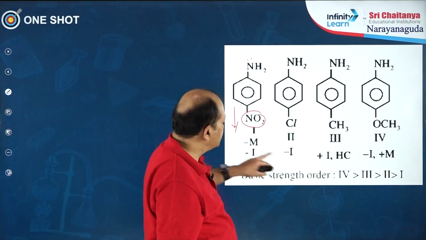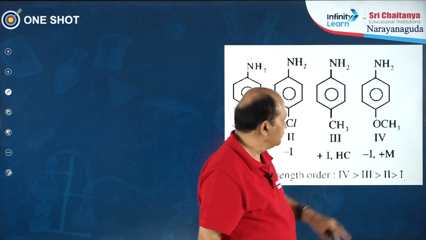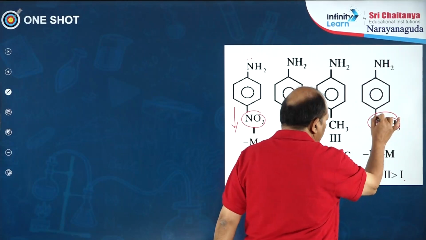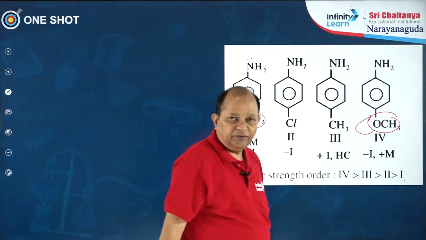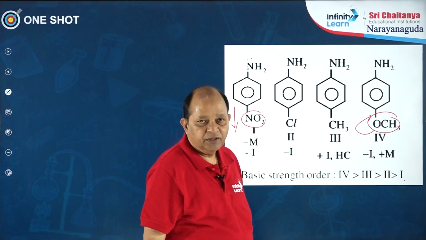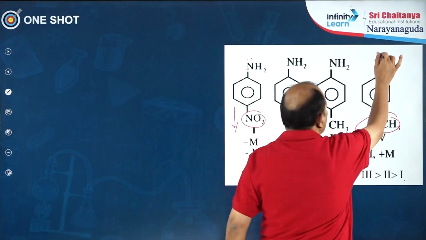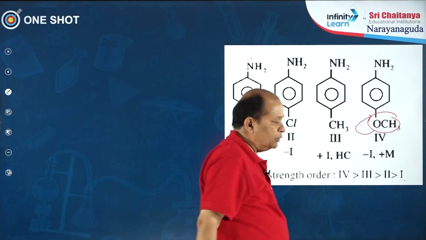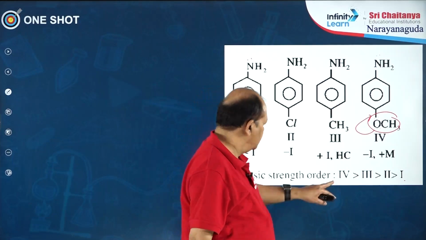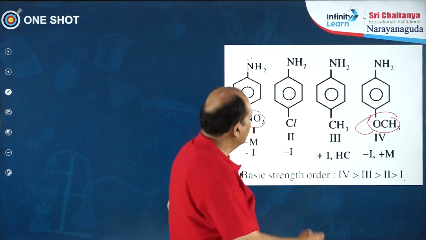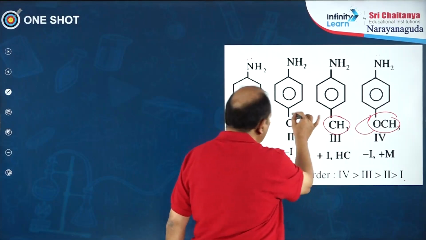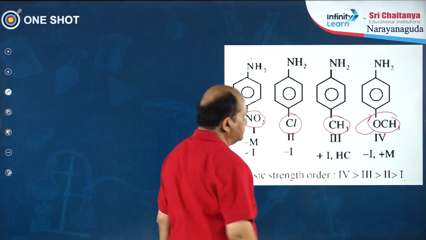Therefore, this is the least basic, whereas for the methoxy group, the oxygen atom gives electrons through mesomeric effect, which is a stronger effect. So, the electron density on nitrogen will be more. Therefore, relatively it is most basic, followed by methyl group and then chloro group, that can be observed here.